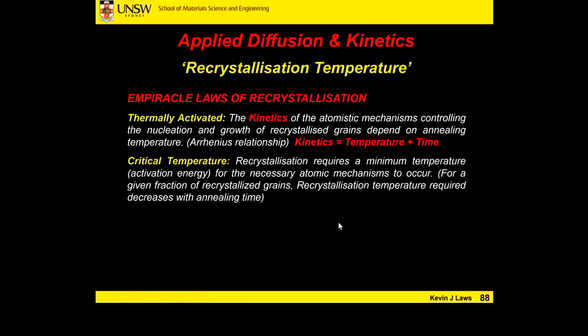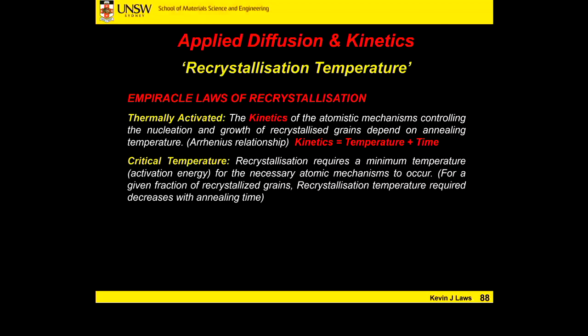In terms of the critical temperature, there's also a critical temperature. Recrystallization requires a minimum temperature or an activation energy for the necessary atomic mechanisms to occur. For a given fraction of recrystallized grains, recrystallization temperature decreases with annealing time. There's a critical temperature where atoms become mobile, so this is still a diffusion-based process.